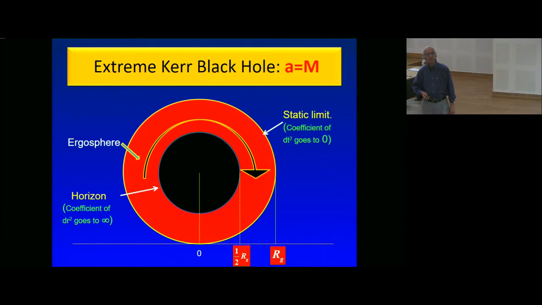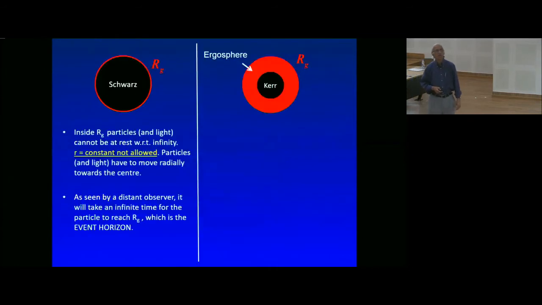Now, what is the essential new feature that occurs at this static limit already? We know that inside the horizon is going to be very similar to the Schwarzschild horizon, except there is rotation in this case. So let us recall the properties inside the Schwarzschild horizon, which is the outer radius, Rg in our case. Inside the Schwarzschild horizon, particles and light cannot be at rest with respect to infinity.